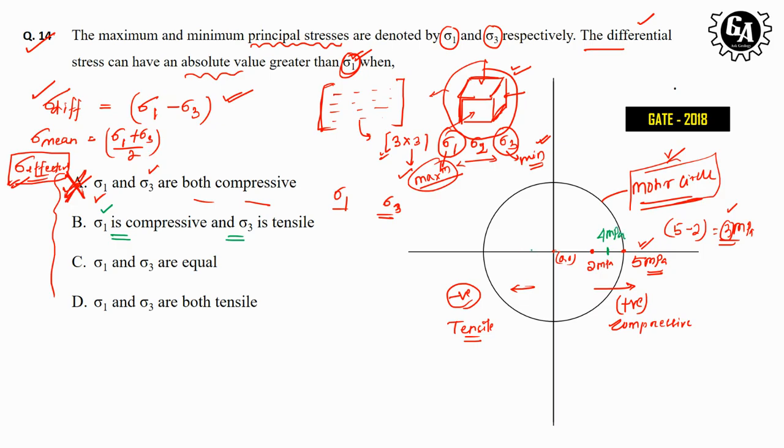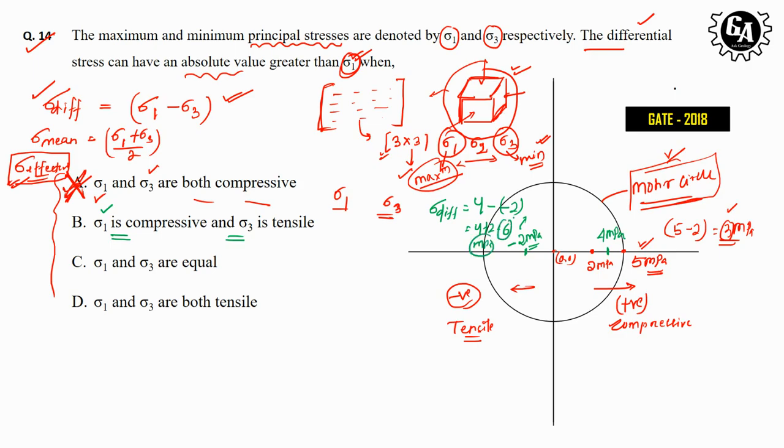And sigma 3 is tensile, let it be 2 MPa in magnitude, but because it is tensile, we have to give it a negative sign. So what will be the differential stress? The differential will be 4 minus of minus 2, that is 4 plus 2, which is equal to 6 MPa.